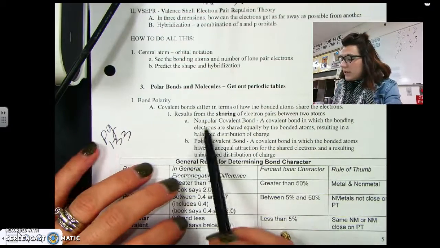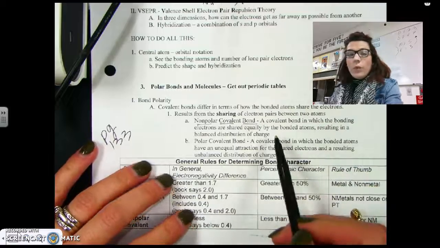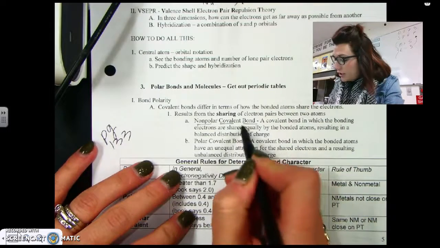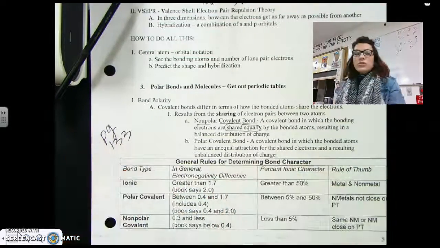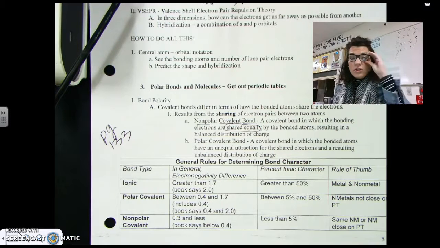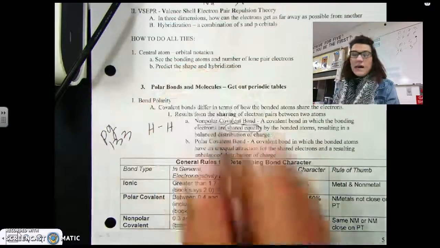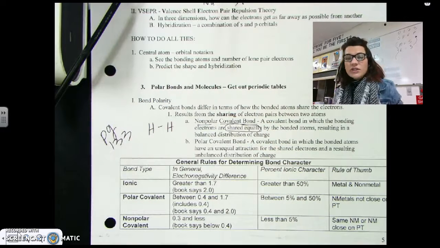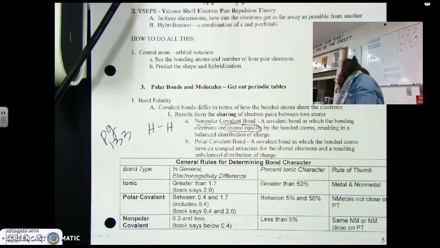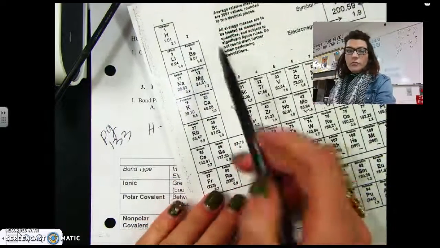So obviously a non-polar covalent bond is going to be when the electrons are being shared equally, okay? So this is especially going to be something like our Hofbrinkel atoms, so like hydrogen and oxygen. Let's think about this for a second. When hydrogen is bonded to hydrogen, hydrogen has an electronegativity of 2.1, okay?